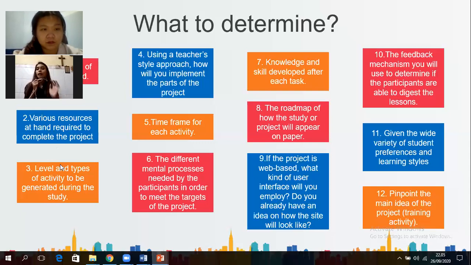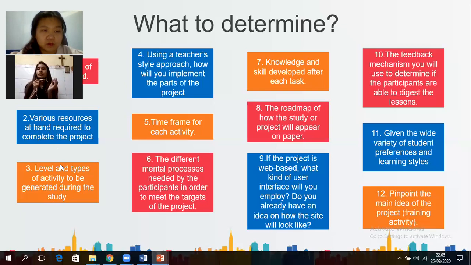The sixth one is the different mental processes that are needed by the participants in order to meet the targets of the project. This is the mental process that the teachers need, so that the participants can meet the targets of the project.